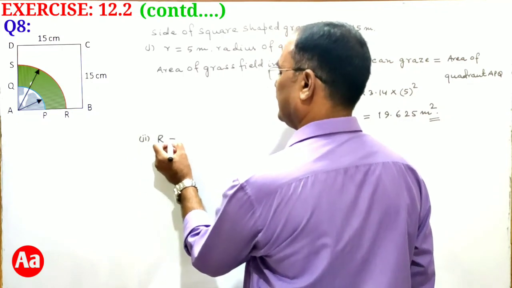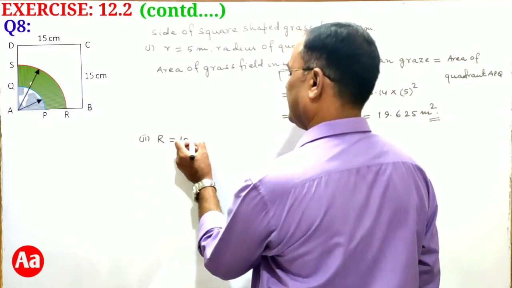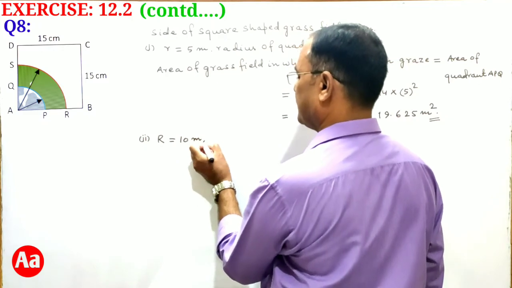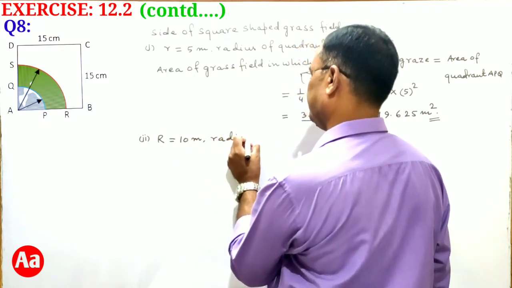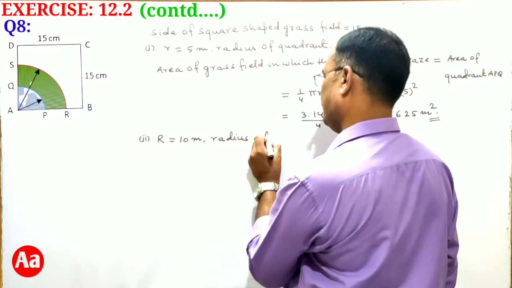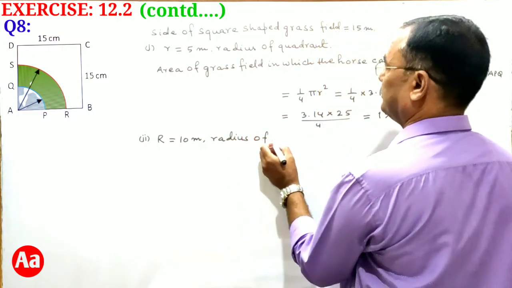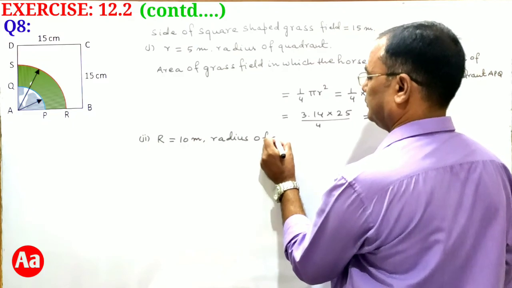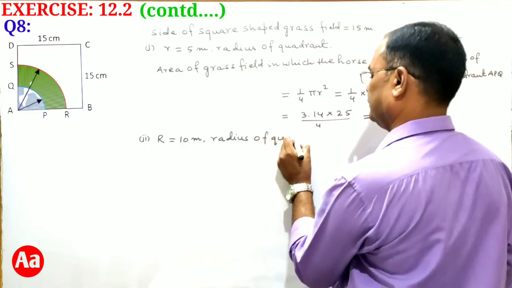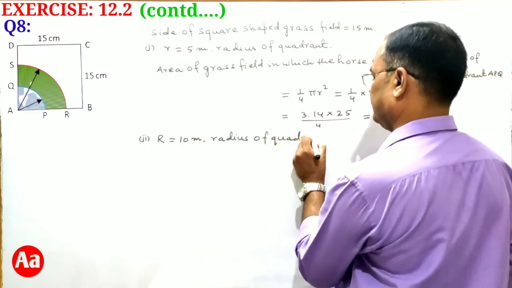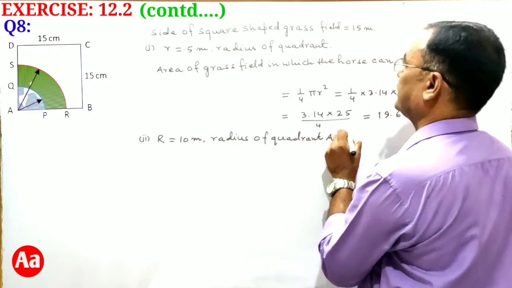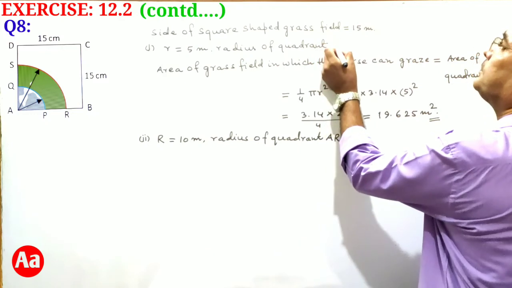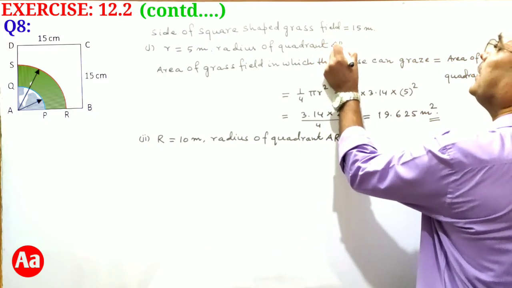Radius R is given 10 meter, that is radius of quadrant ARS.